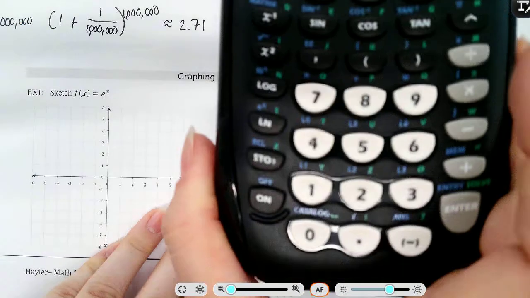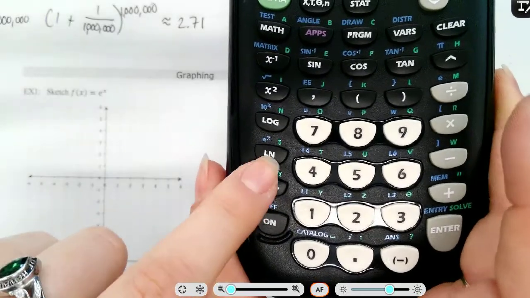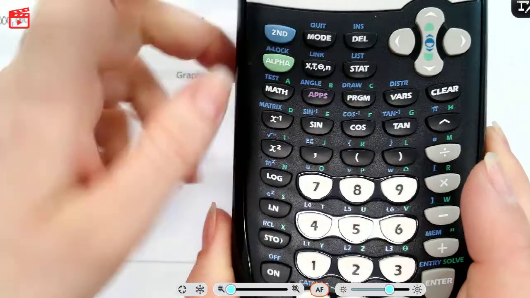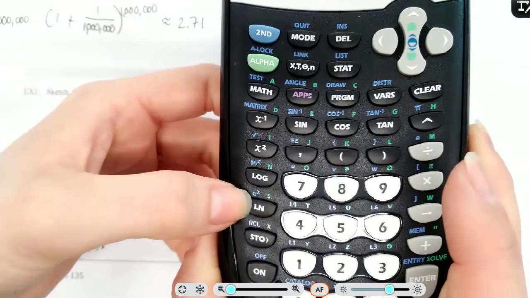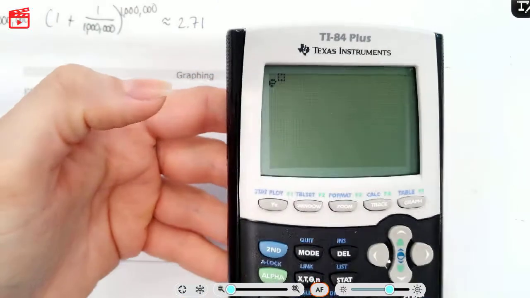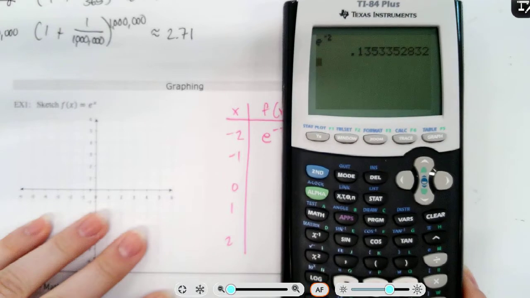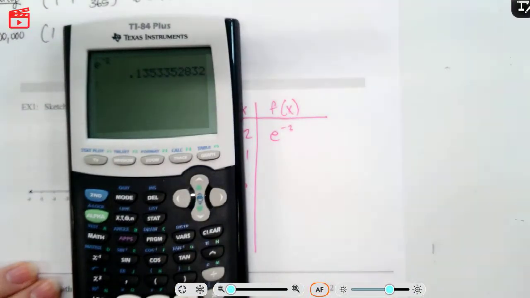Right there, e to the x. It's in blue, notice. So you hit the blue button and natural log x, and there's your e. We want e to the -2, which is about that value there. I'm going to round to 2 decimal places, as per usual.